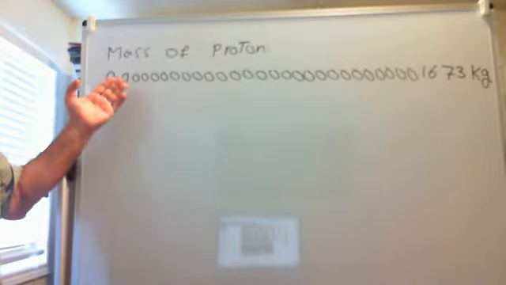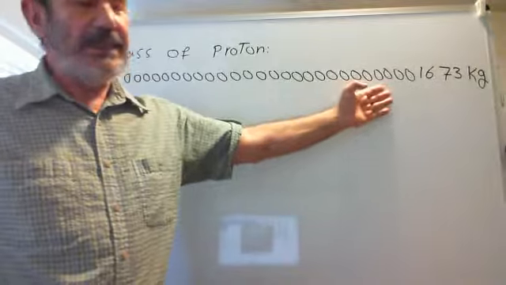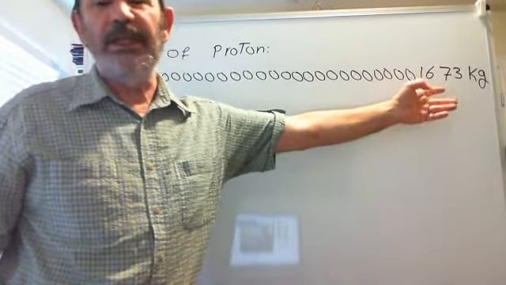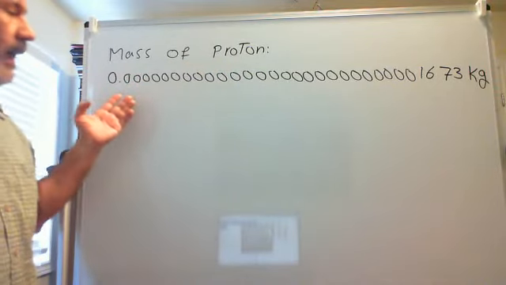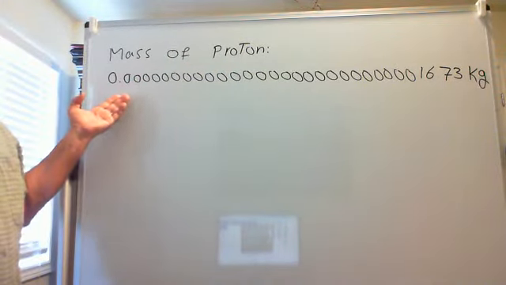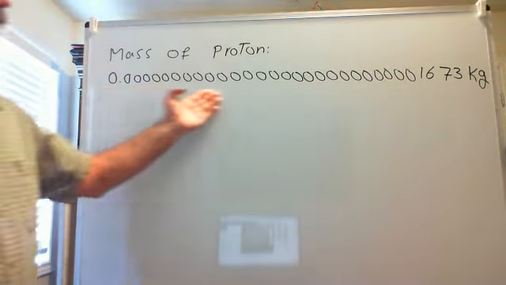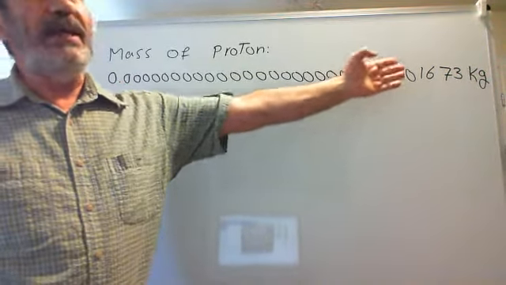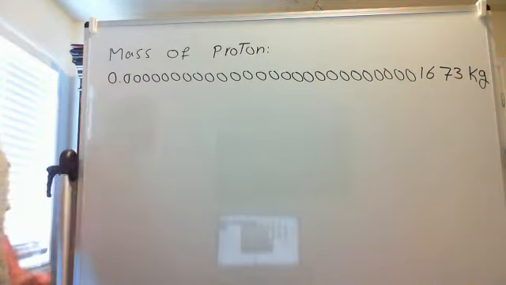So the mass of each proton is 0.000...01673 kilograms, that is, 26 zeros after the decimal and then 1673 kilograms. Can you see how small this number is? Actually, it's not possible to read it or give a name for this number. So this is a very small number.